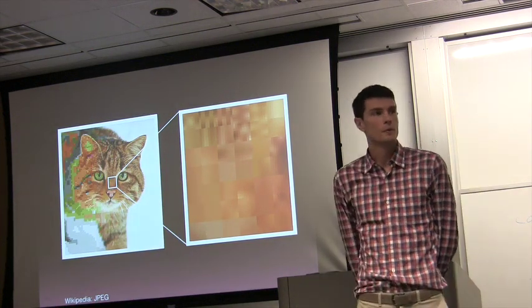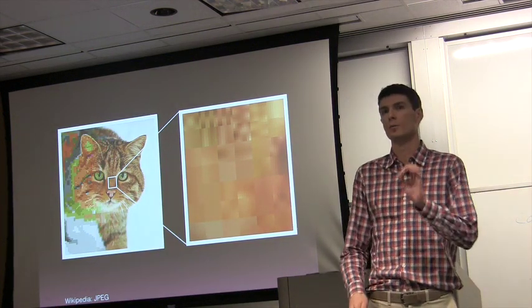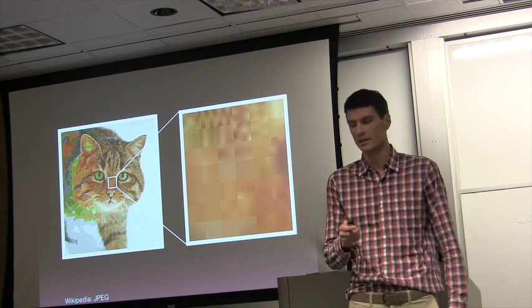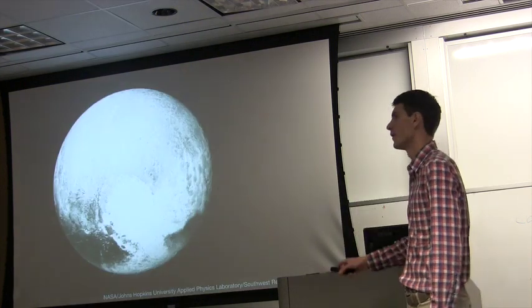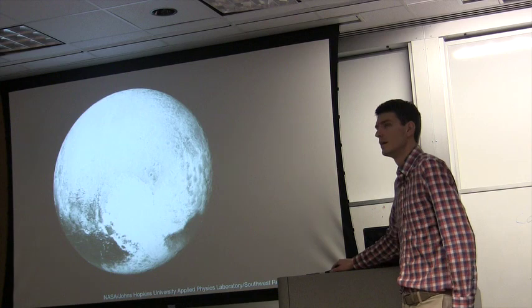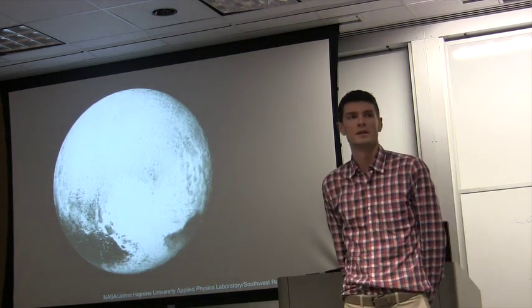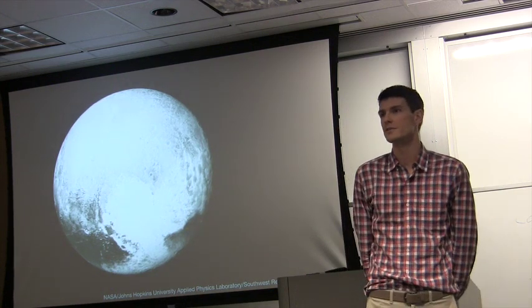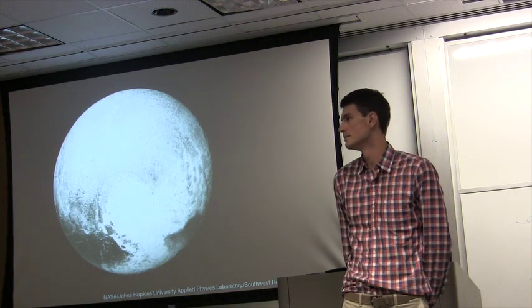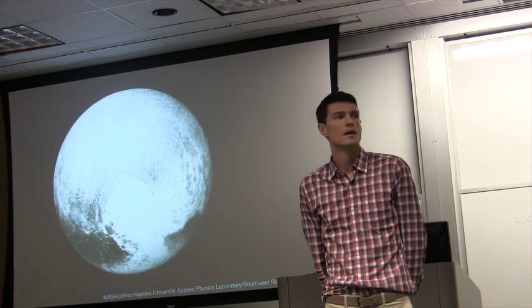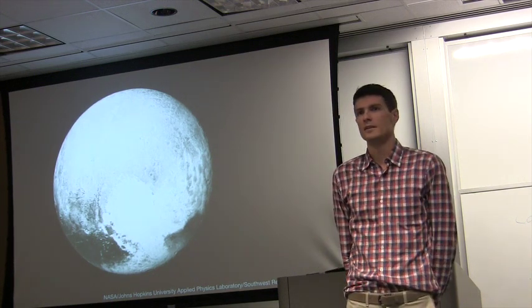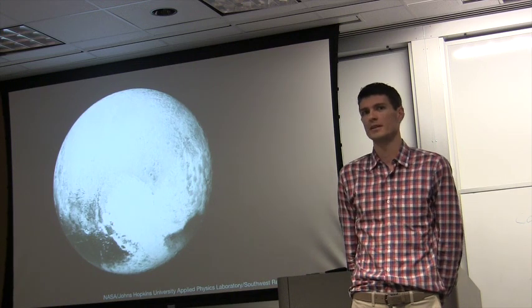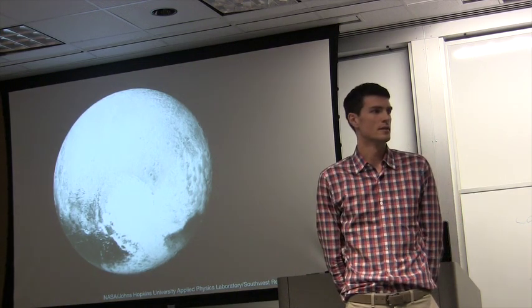A very recent example of something where we will not tolerate loss of quality is an image like the following. This is a picture of Pluto, taken by the New Horizons spacecraft about a week ago. This is a case where we will not tolerate errors in the image.